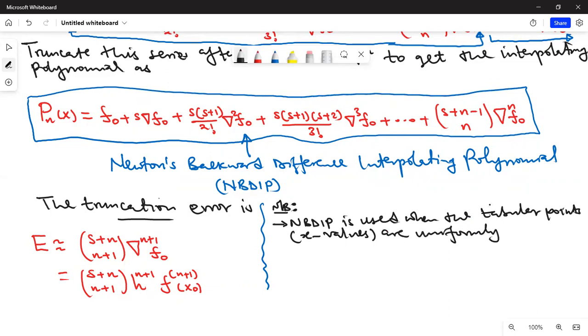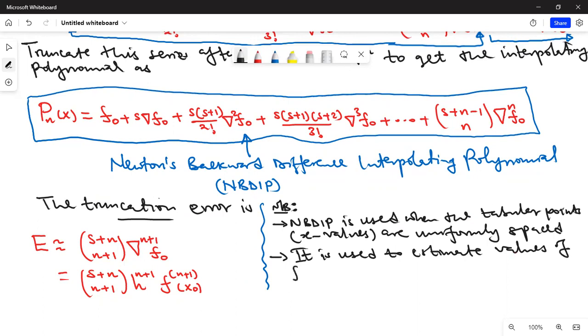And something that you also need to take note of, it is used to estimate values of f of x at non-tabulated points, which are close to the end of the table.